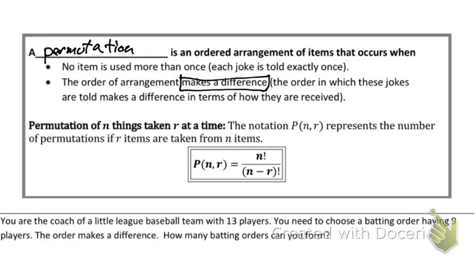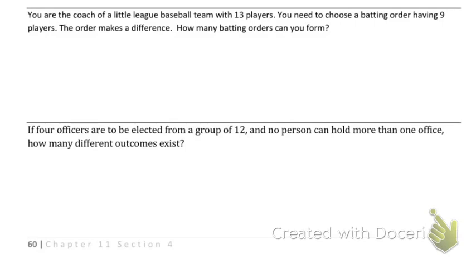If I was only telling 1 joke, it'd be 4, pick 1. So that's what this n and r are. And how we usually write it, we write it with a P: how many we have, pick a certain number of them. 4 jokes, pick 4. And here's the formula for it. But there's an easy way to remember the formula rather than having n's and r's in order, and we'll talk about that in just a second.